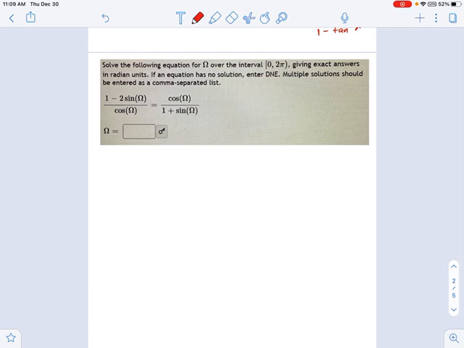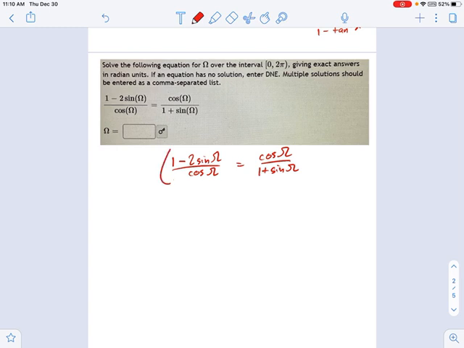So I'm going to start by just putting this equation right here. 1 minus 2 sine omega over cosine omega equals cosine omega over 1 plus sine omega. And if you like getting common denominators and then crossing out the entire bottom, that's fine.